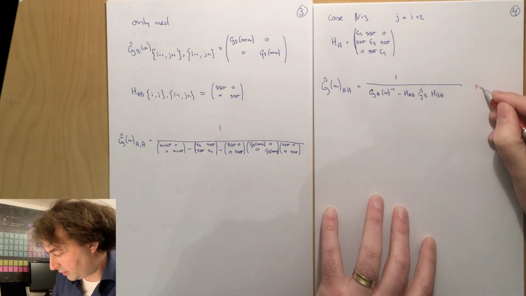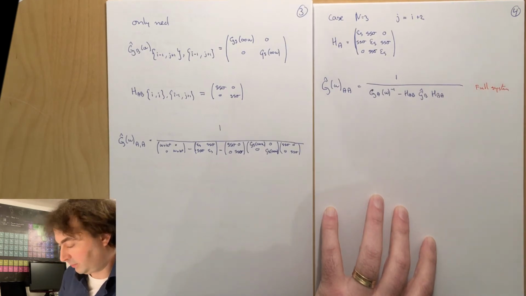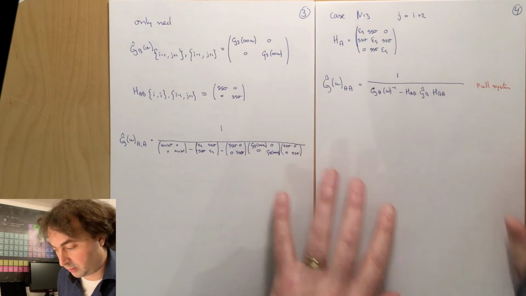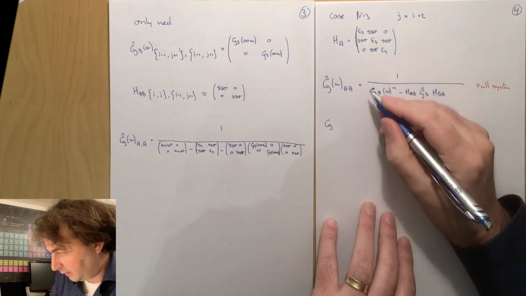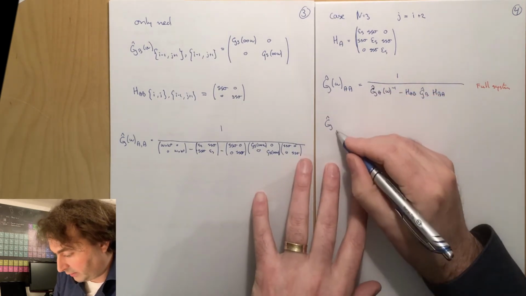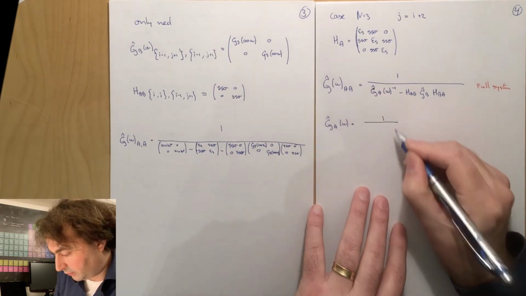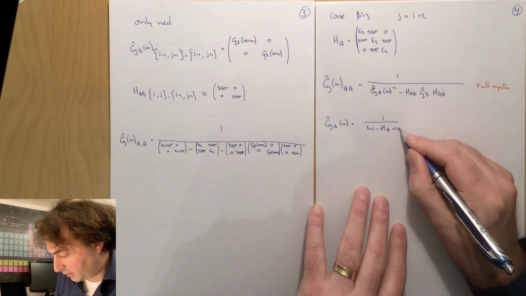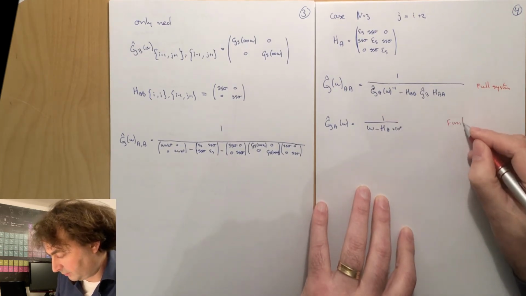So this is the full system where we look at what happens when you add or remove a particle of subsystem A, and then we can here look at the Green's operator for subsystem A, which is 1 over omega minus H_A plus I0 plus. So this is the finite chain only.